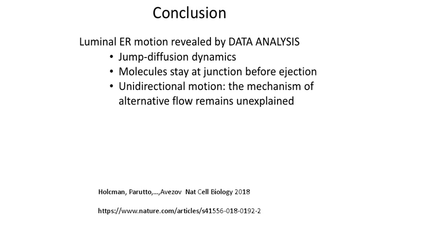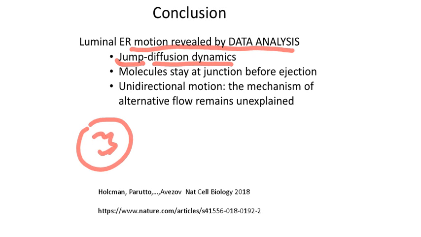So to conclude, the luminal ER motion can be revealed by the single particle trajectories using a methodology where the basis is to have a stochastic model for the trajectories. So we could identify this germ diffusion process where we have diffusion inside the nodes, where the motion is restricted until it is going to be expelled and move inside the tubule.